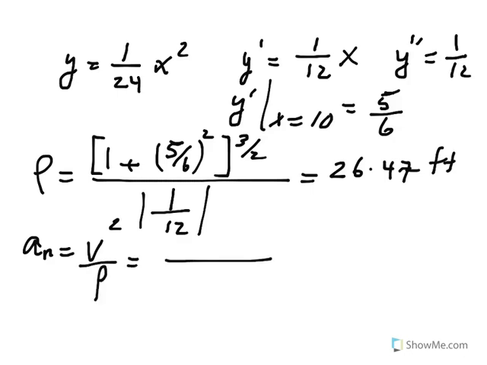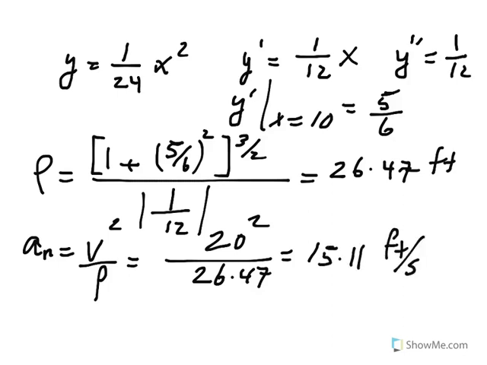Remember, velocity was 20 feet per second at that instant, and I just calculated rho. So this happens to be about 15.11. So this is the centripetal acceleration in feet per second squared.